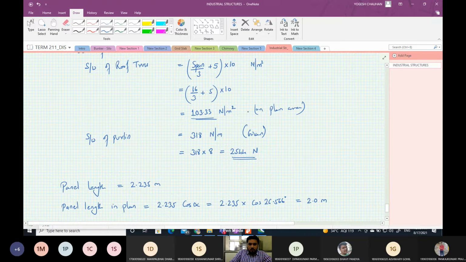Let us say this is 110 Newton per meter square, just to have a round figure.